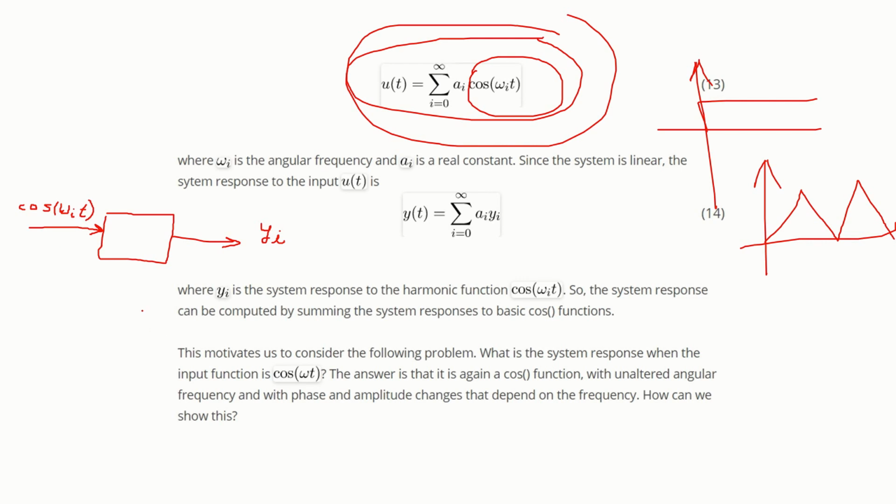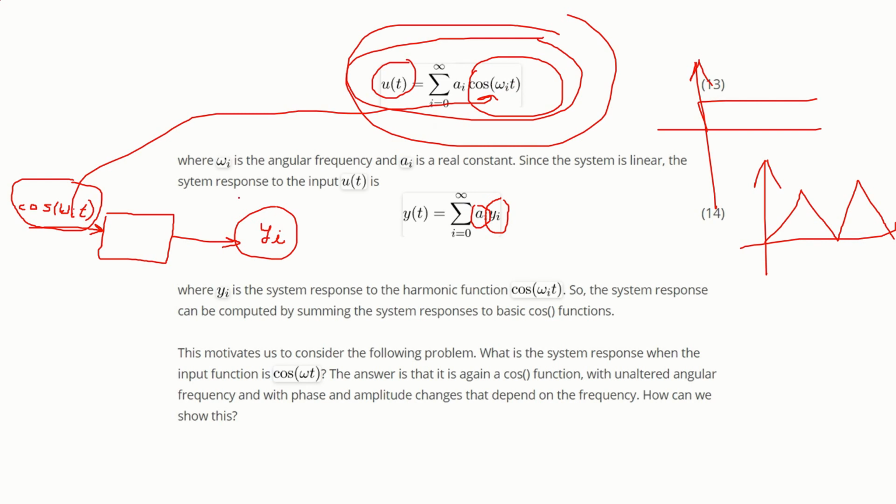So let y_i be a system response to cosinus omega_i t. Now, since the system is linear, the response to u of t is the sum of the individual responses y_i to these terms cosinus omega_i t scaled with the coefficient a_i.